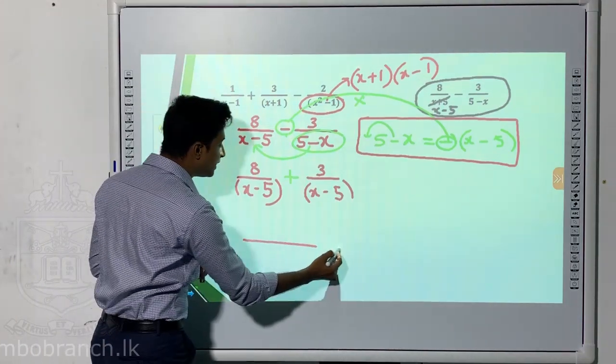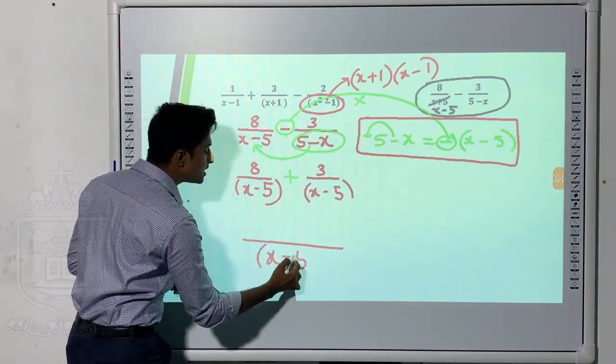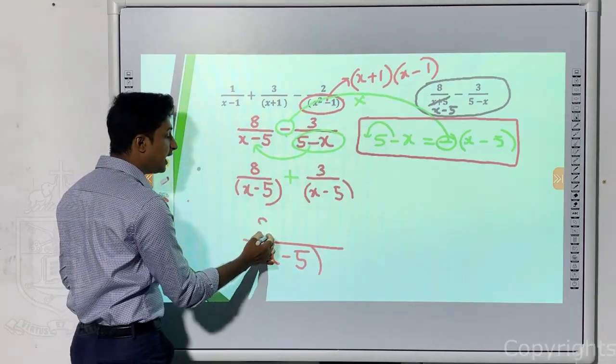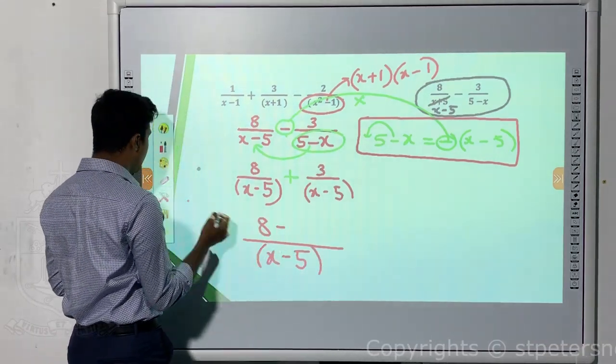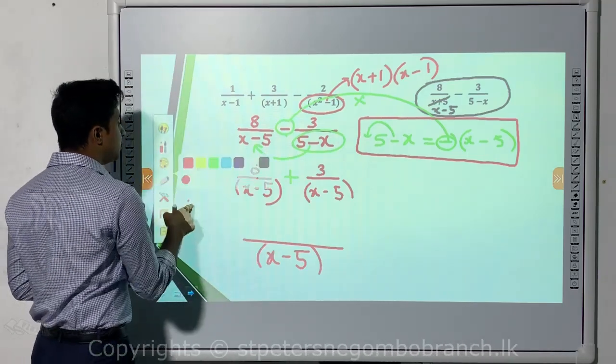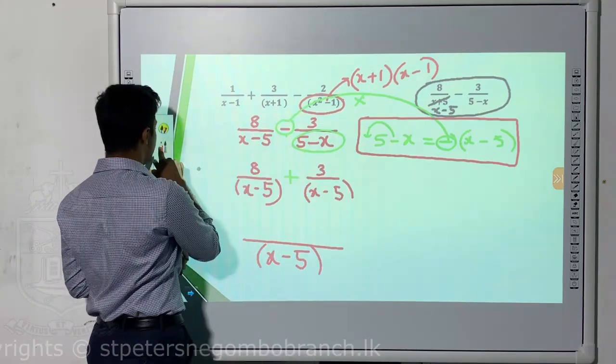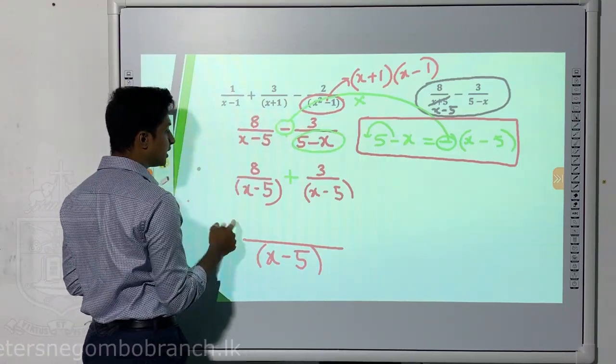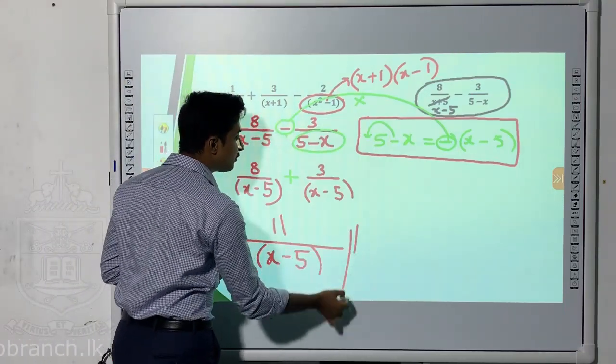Now I can take the common denominator as x minus 5, then 8 plus 3 is 11. So that is the final answer.